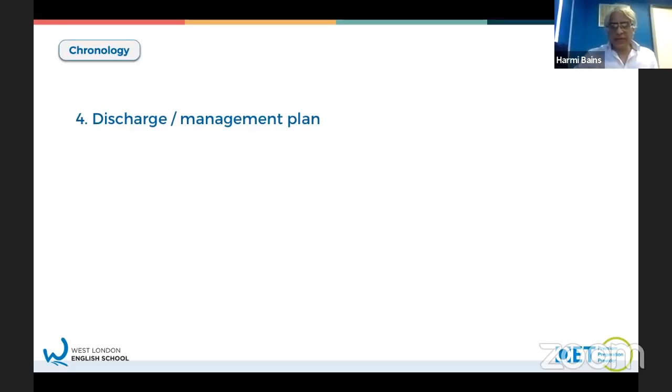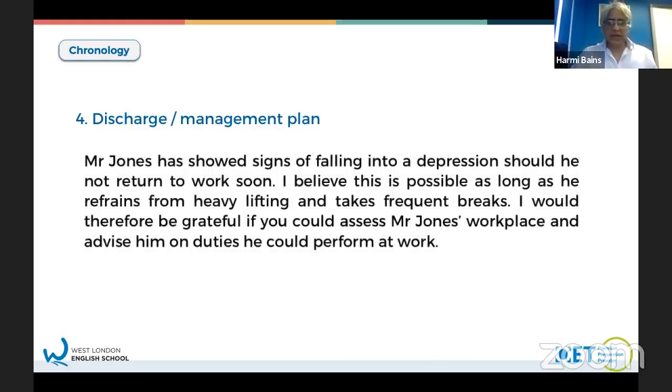The last part, same as order of importance, you're just dealing really with the discharge or the management plan. You might talk about future appointments. Let's have a look at an example. Mr. Jones has shown signs of falling into a depression should he not return to work soon. I believe this is possible as long as he refrains from heavy lifting and takes frequent breaks.